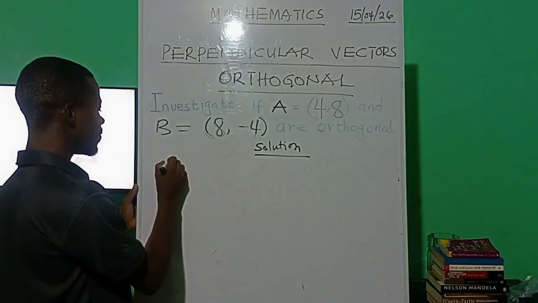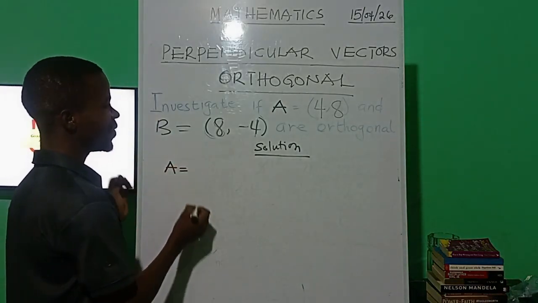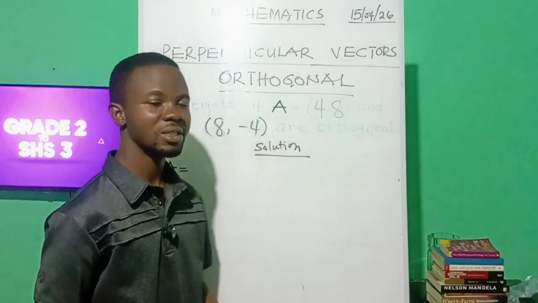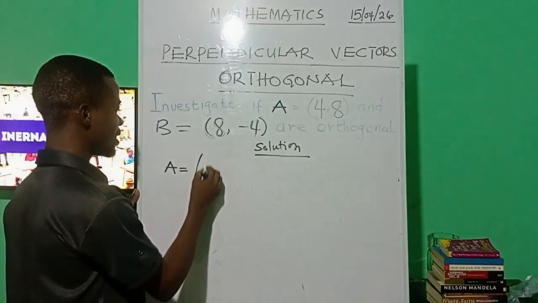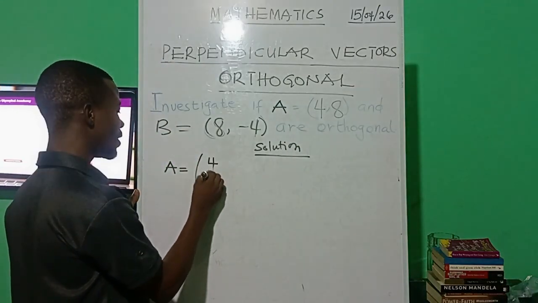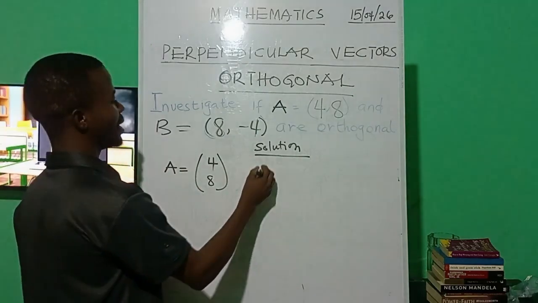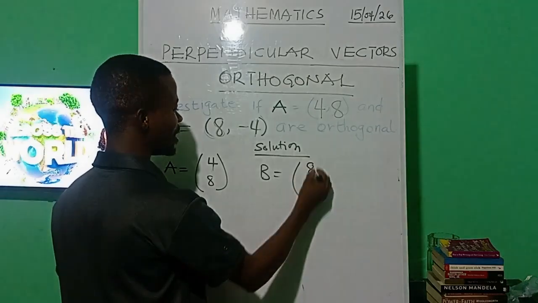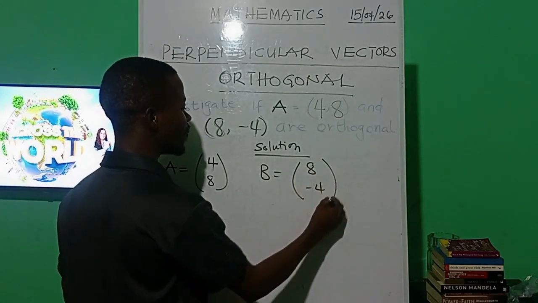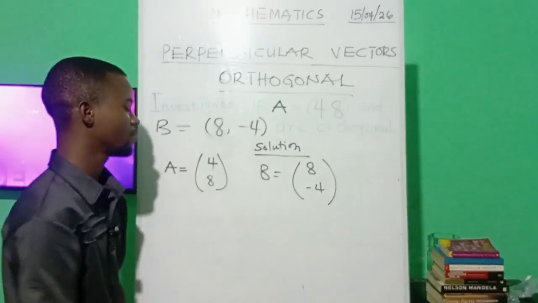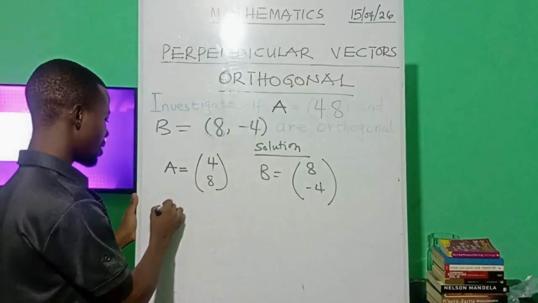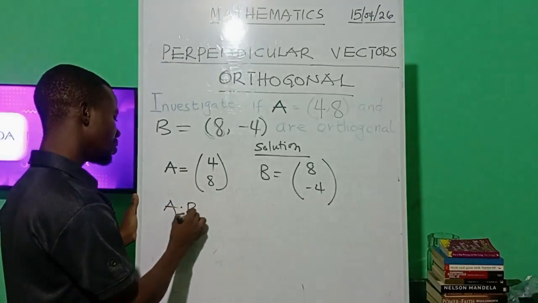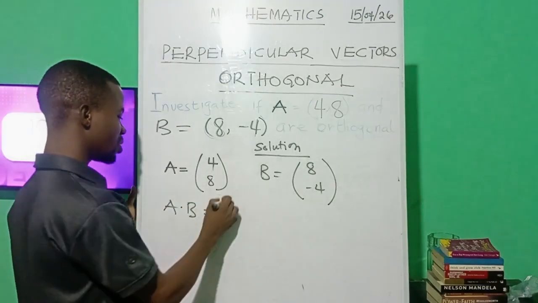So we have A. This vector A, which is 4, 8, can also be written as a column, 4, 8. And the vector B can also be written as 8, -4, like this. Now let's multiply. A dot B, how do we multiply?